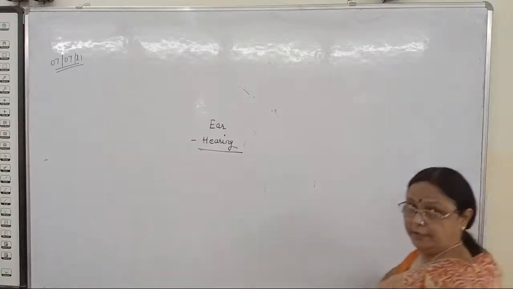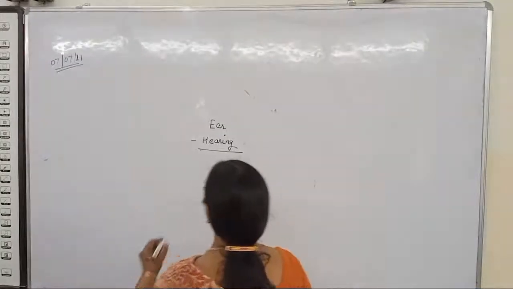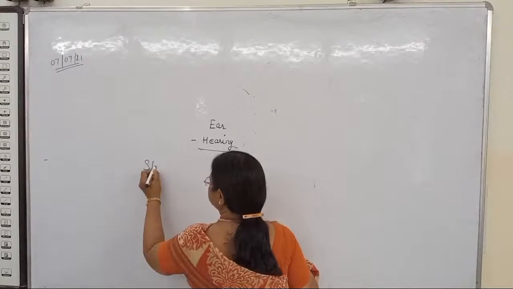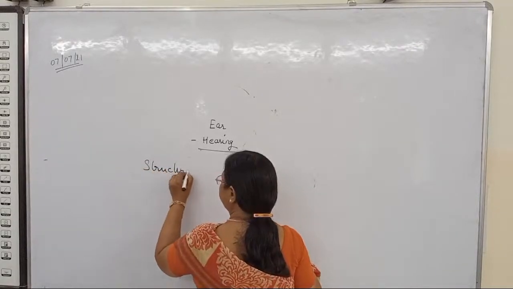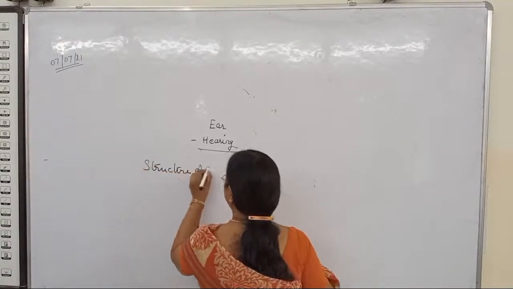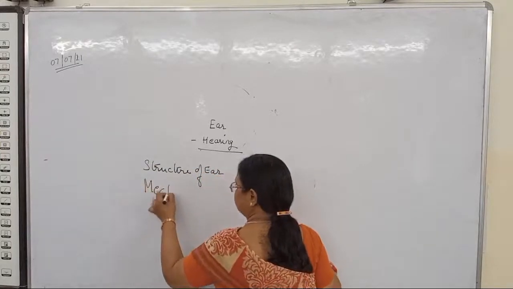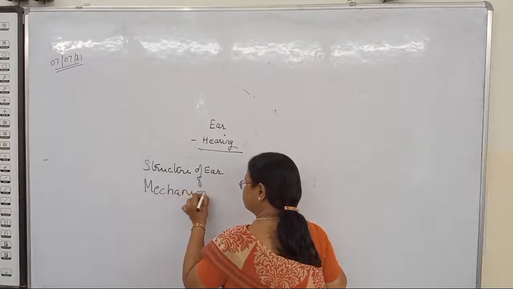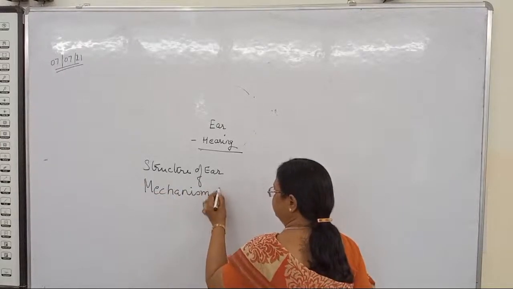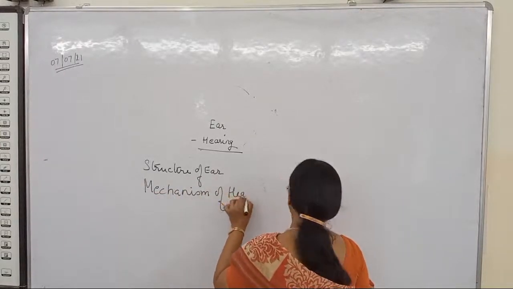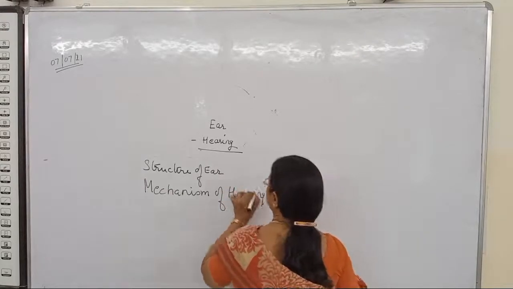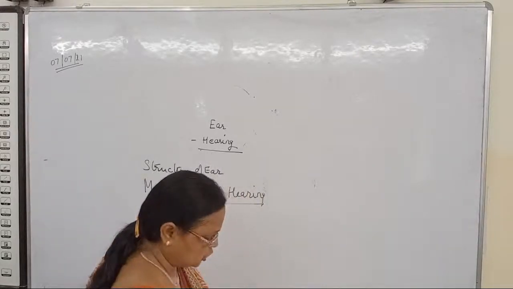Here also we will discuss about the structure of the ear first, and then we will talk about the mechanism of hearing, and how the structure of the ear is able to cause the hearing or the mechanism. Right?